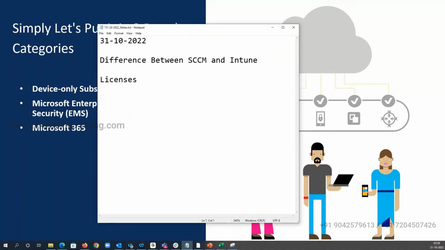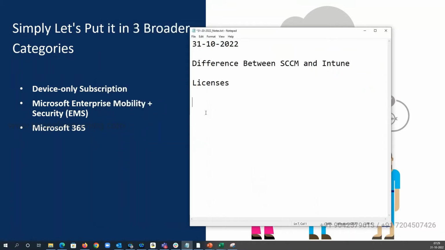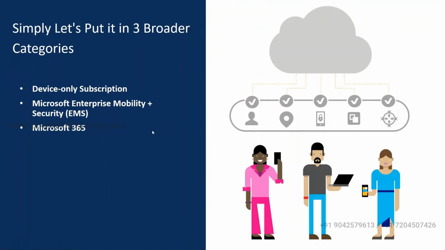So in licenses we can classify: first is the device only subscription, next is your EMS, and next is Microsoft 365. Now first let's talk about device only subscription.